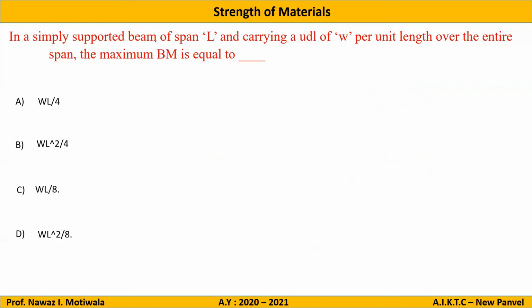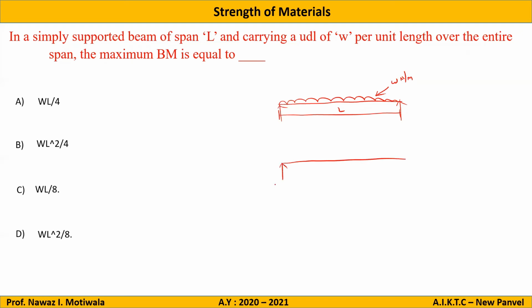In a simply supported beam of span L and carrying UDL of W per meter length over the entire length, the maximum bending moment is. Again, same logic. It's a UDL over the entire length of W Newton per meter. The total length is L and it is simply supported. So again, I will make the free body diagram.